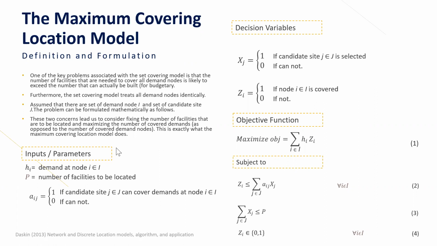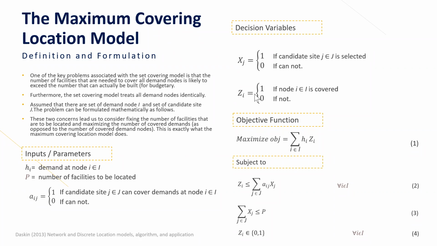We need the input as shown here. We need the information about the demand at each node, the number of facilities being located, P, and the adjacency matrix, which is still the same. And we need to utilize one more variable other than xj that we already utilized earlier.